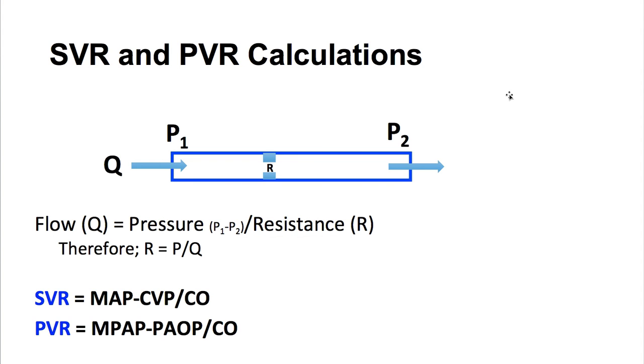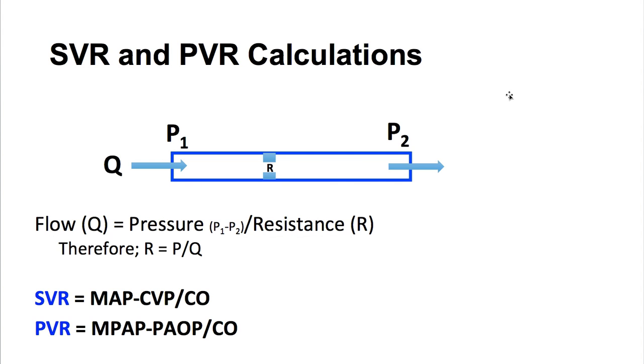And this is simplistically demonstrated by the little diagram I made here, as flow is the difference between P1 minus P2 over resistance R. Now we could take that relationship of Q equals delta P over R and rearrange the equation to solve for resistance, i.e. systemic vascular resistance and pulmonary vascular resistance.